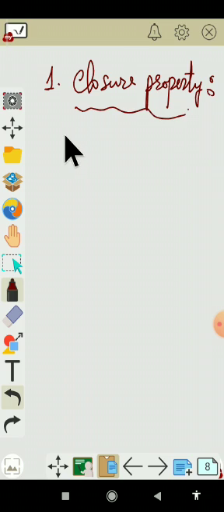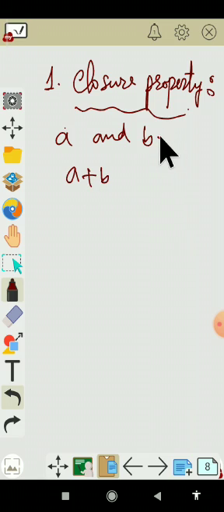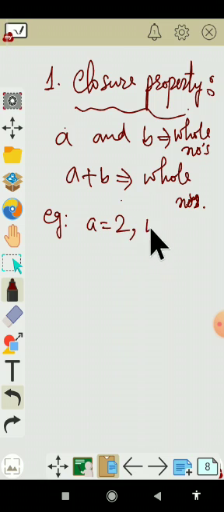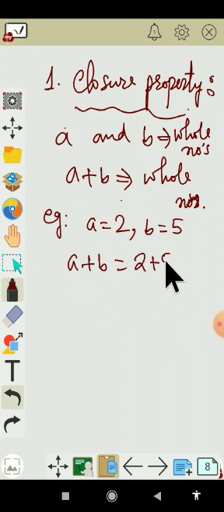If we have a number a and another number b, both whole numbers, then a plus b is also a whole number. It's called the closure property. Example, suppose a is 2, b is 5, and a plus b equal to 2 plus 5, that is 7. So a, b are whole numbers and a plus b is also a whole number.